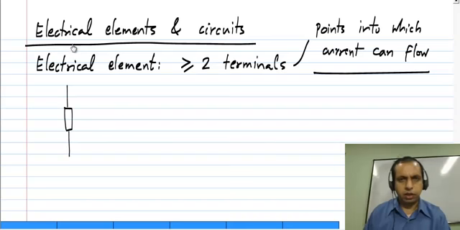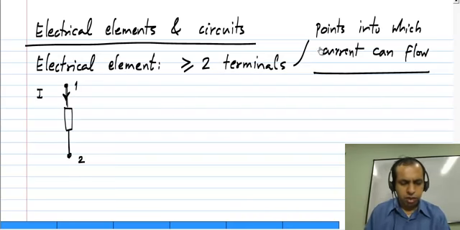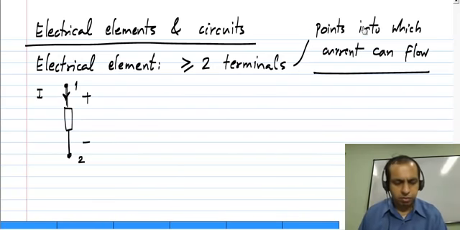So, a generic element is represented by a box with two wires sticking out like this. This is terminal 1 and terminal 2, and a current can flow into this terminal, and we measure voltages across any pairs of terminals.